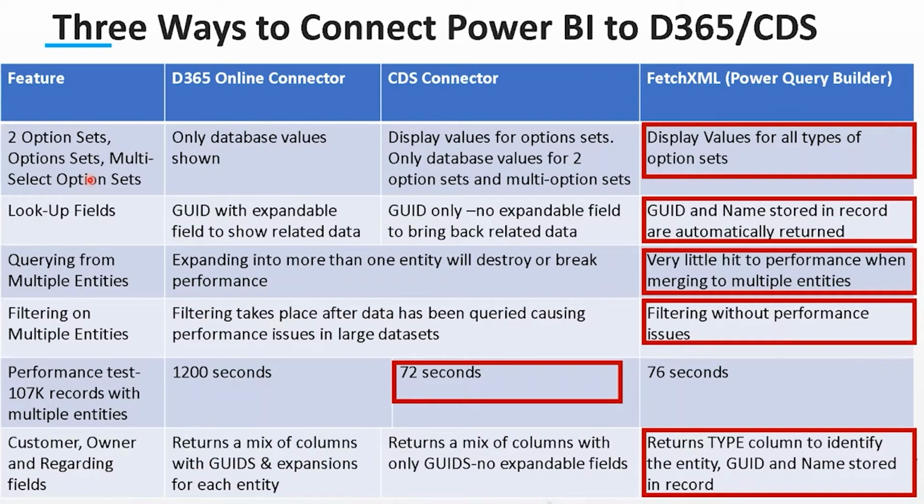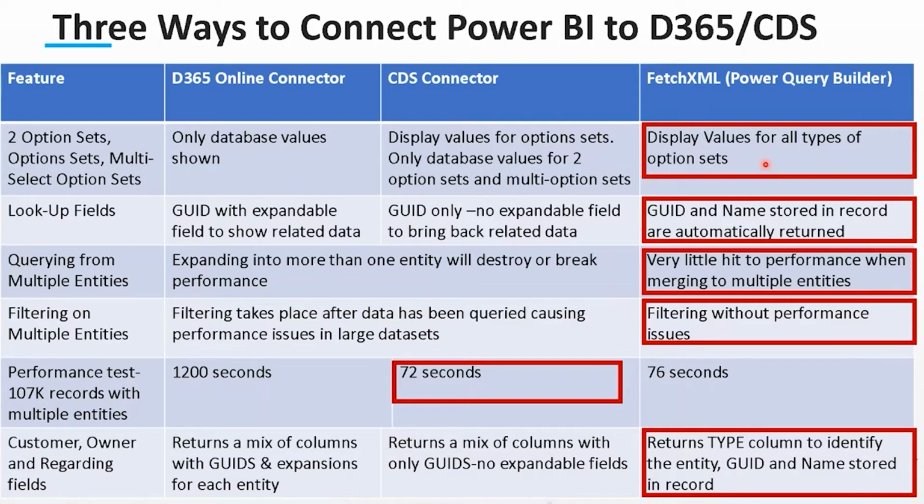And what I found really interesting in this is the fetch seems to provide really good power here in terms of it's the only connector that's going to bring back both display values and database values. So let me explain that a bit. In a CDS database, probably most databases, an option set has both database values, which are numeric values, and it has display values.